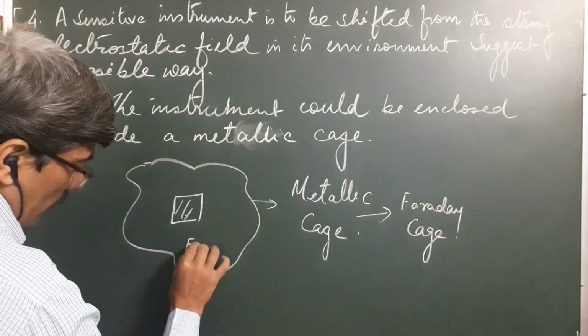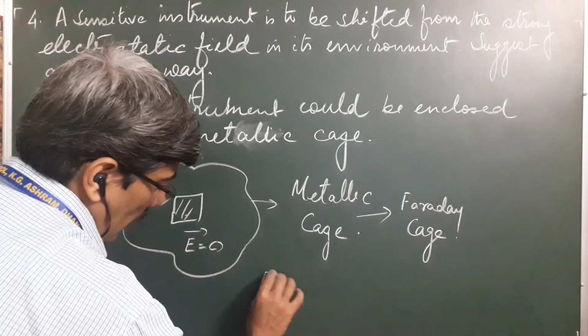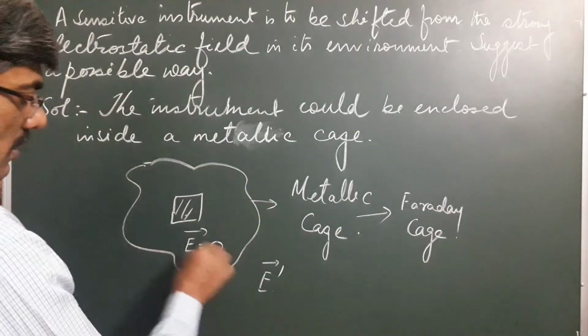And the net electric field inside the Faraday cage is 0. Even if you have a strong electric field outside, the net electric field inside is 0.